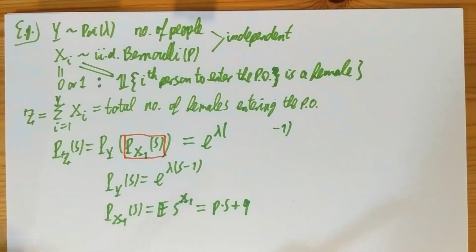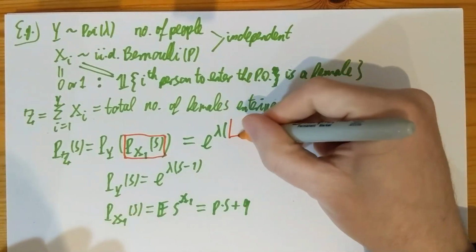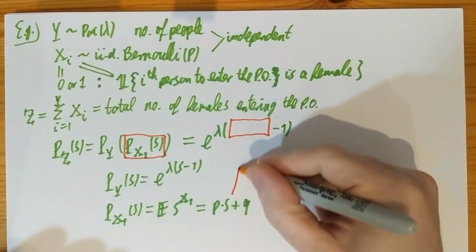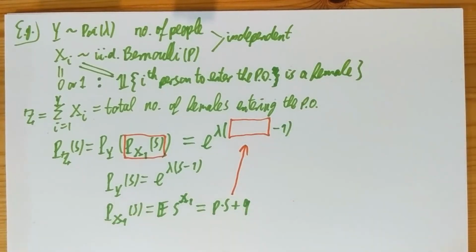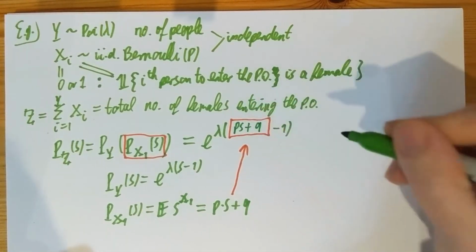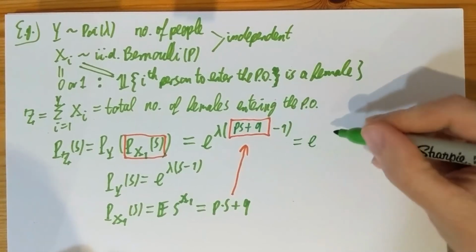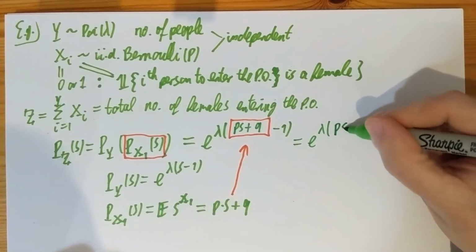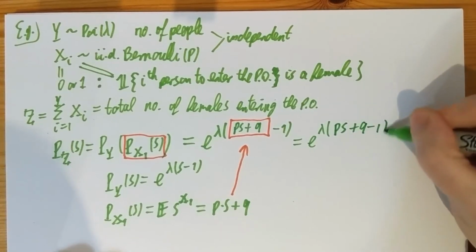So I need to take this box here, which is the generating function of x1, in other words ps plus q. So I have to put here ps plus q. Okay, let me write it out again without the orange thing. ps plus q minus 1.